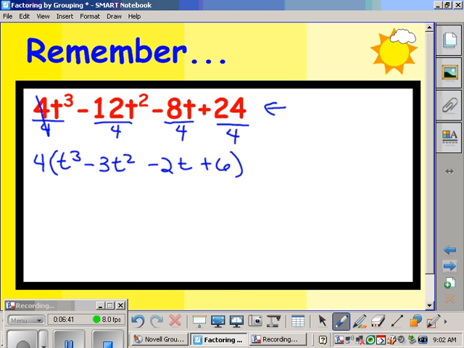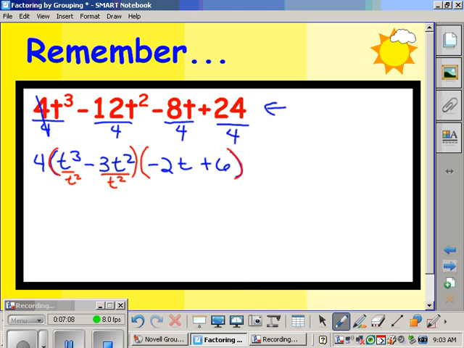Now that we've gotten the greatest common factor out, now we can group the terms together like this. And now we'll factor out the greatest common factor of our remaining terms. So in the first set of parentheses, t squared is in common for both of the terms. So we're going to bring that to the outside.